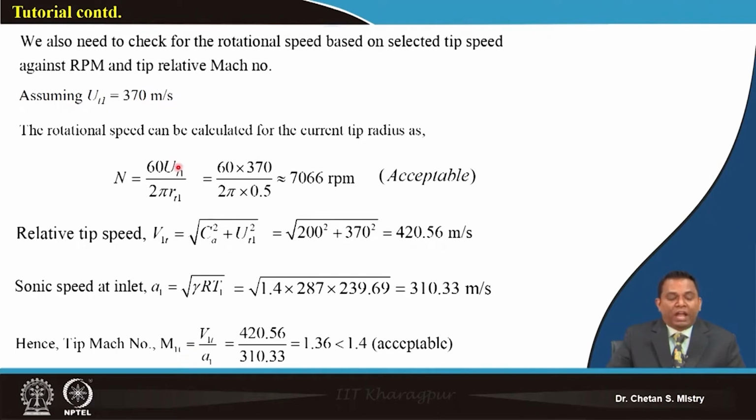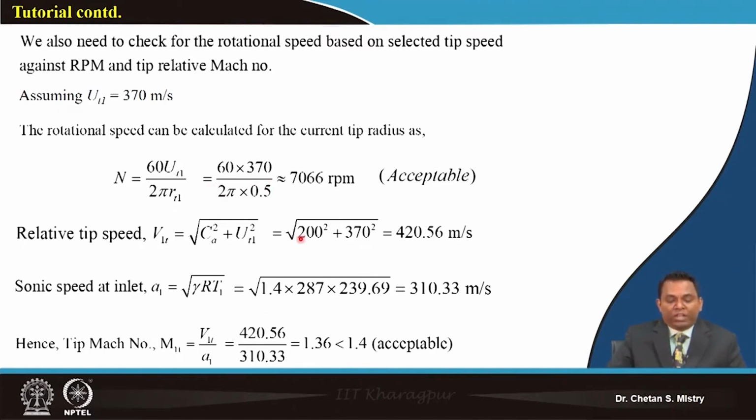If we are taking that, my rotational speed is coming 7066 rpm. We can say that's near to my 8000 rpm. So at this moment, let's put that as a number. We need to check our relative Mach number at the tip, and in order to do that calculation, we need to calculate our relative velocity.